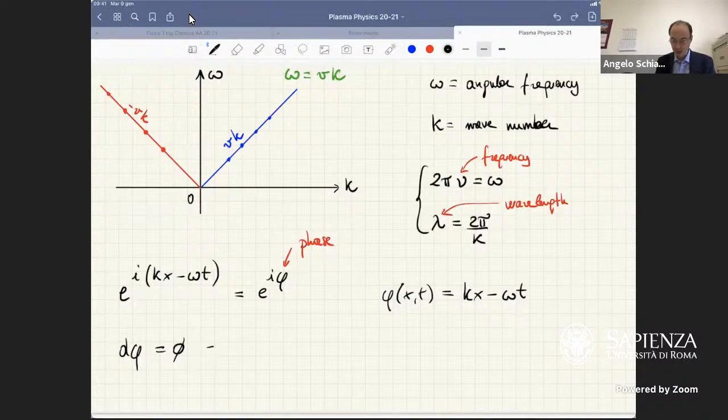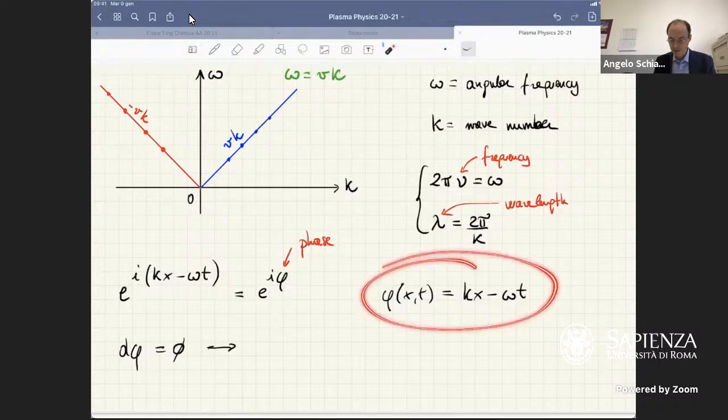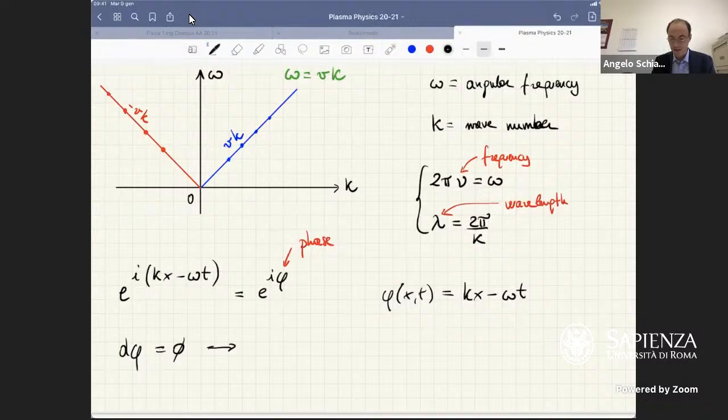If we differentiate this relation, we find that we have k dx minus omega dt. So we differentiate in the original space, space and time, not in the Fourier transform space, and we impose this to be 0.